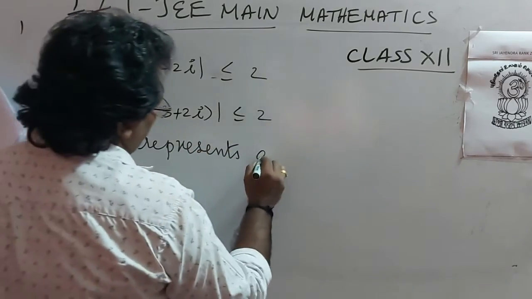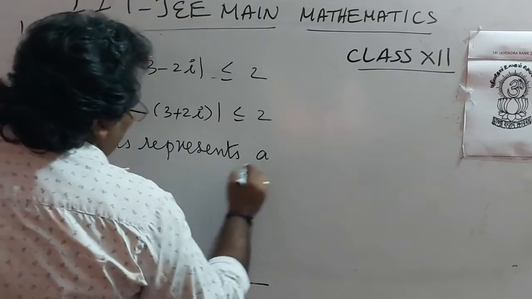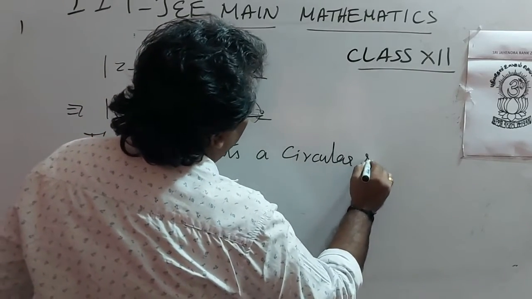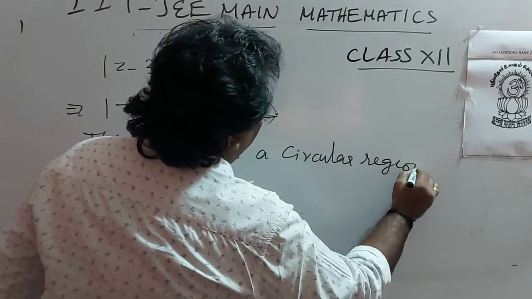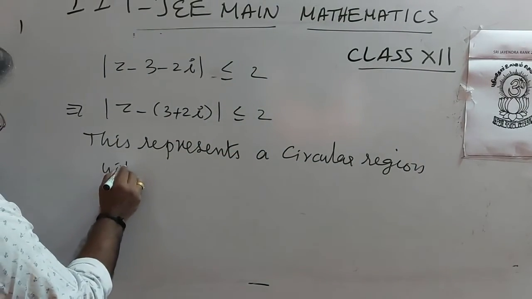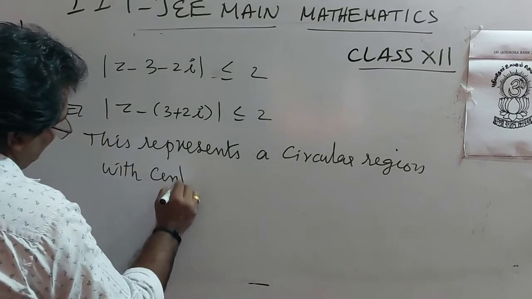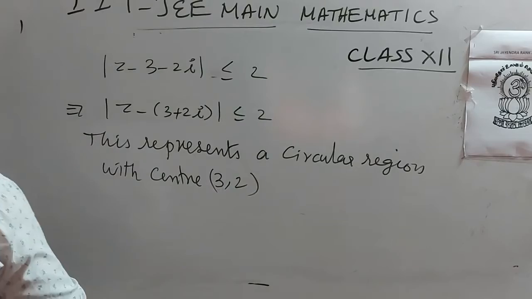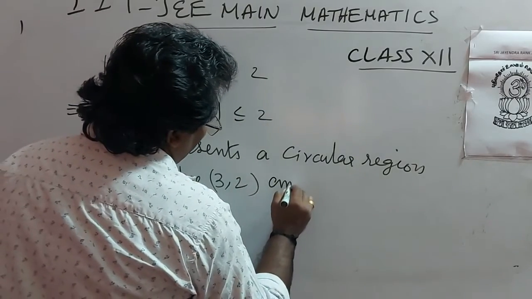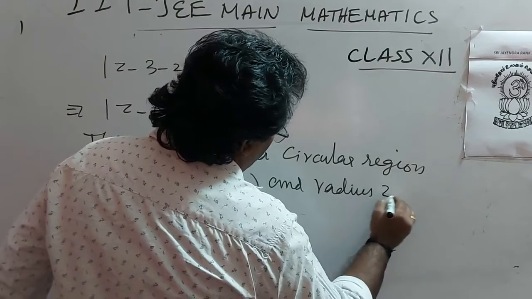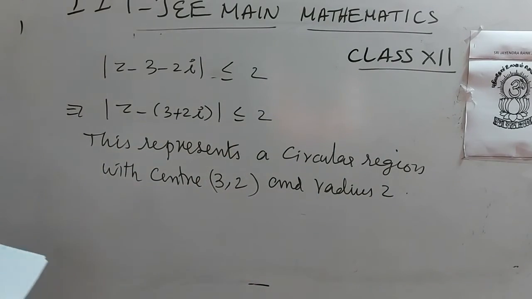This represents a circular region with center (3, 2) and radius 2.